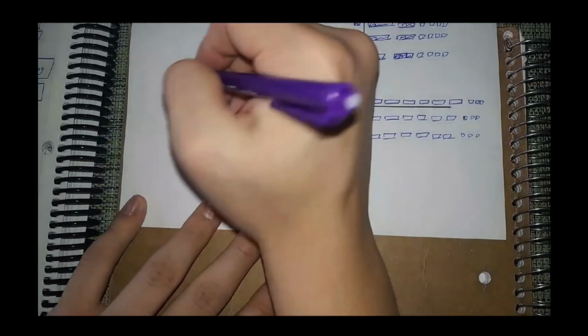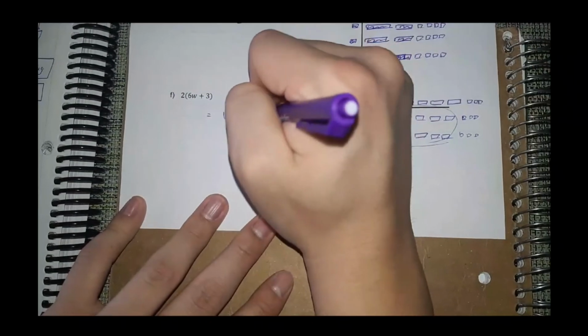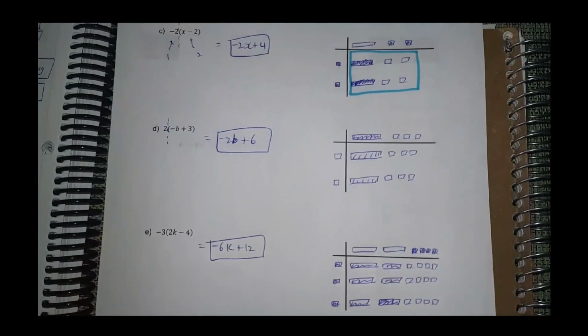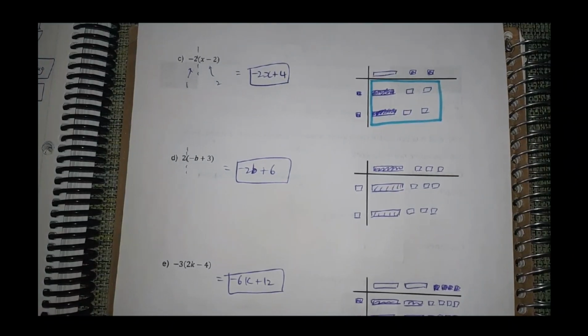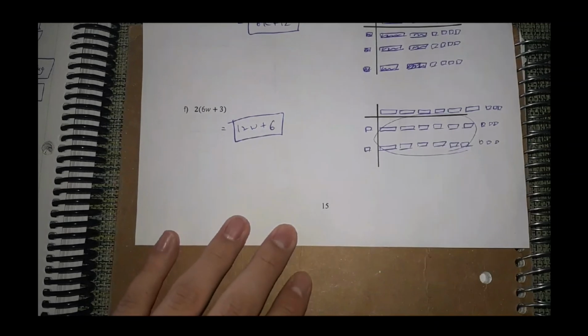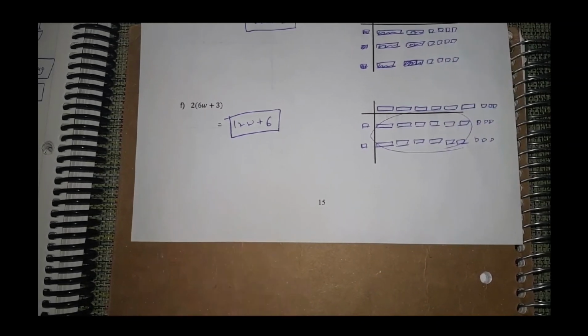The last one is tricky just because we have a lot of strips. These are empty strips, so 12W plus 6 tiny integer tiles. This is how we expand, I like to say, or deal with any multiplication of polynomials, ladies and gentlemen. That's today's lesson, and I want you to go through the homework questions, which will be shown shortly after this.